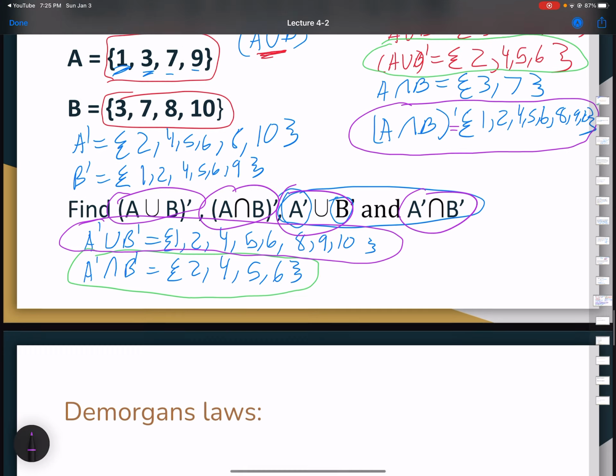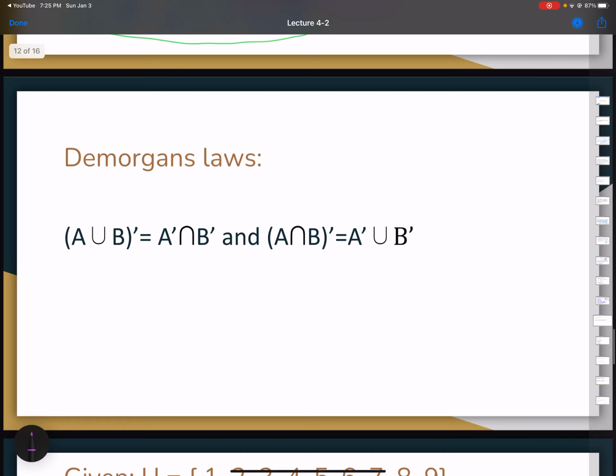And it's actually a rule that we learn. De Morgan's laws are that A union B complement is equal to, what you do is you distribute the complement to both pieces, just like if you were squaring something or if you were multiplying by something. The complement gets distributed and the sign gets flipped from a union to an intersection.